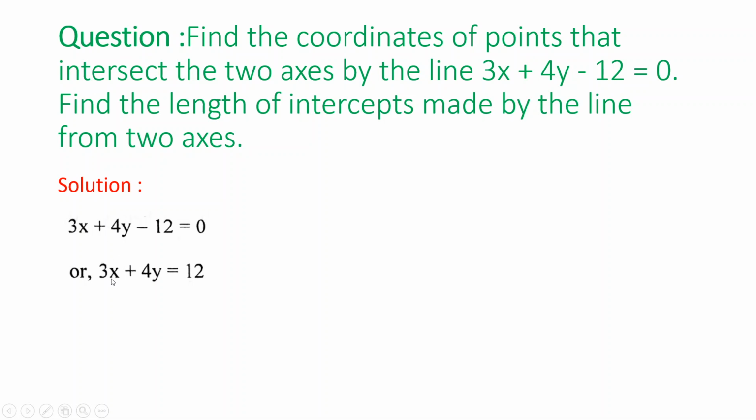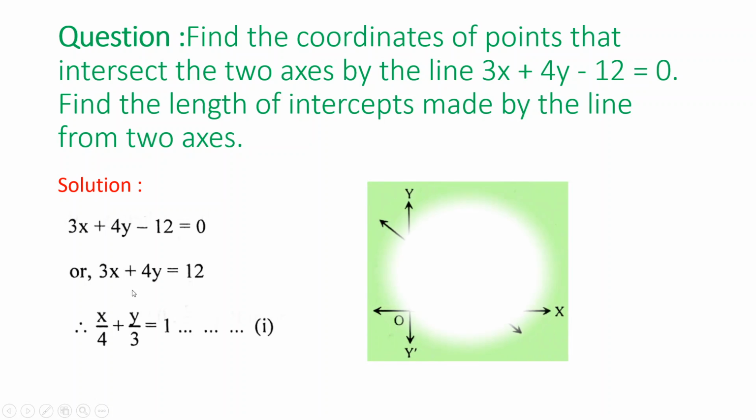From this we get 3x + 4y = 12. If we divide this equation by 12, then we get x/4 + y/3 = 1, which is equation number 1. We can represent this on a graph, with a correction that the point is (0, 3). So boys, we can represent this equation in this way.